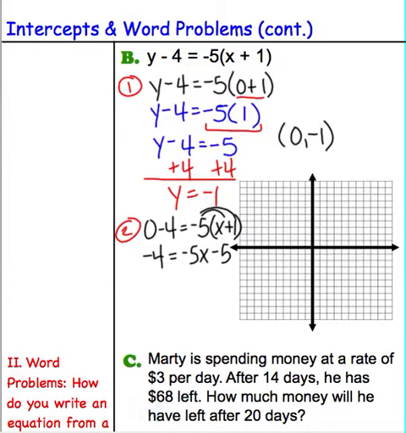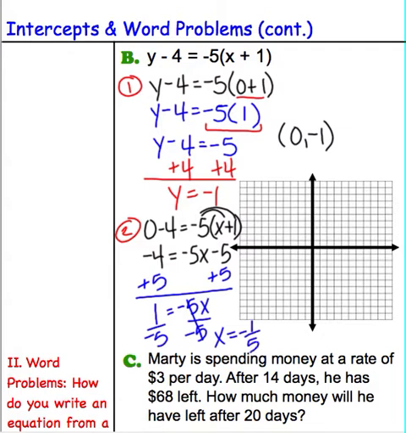So I'll go ahead and add 5 to both sides to give me +1 equals -5x. Divide by -5 on both sides, which gives me x is equal to -1/5. And so then my ordered pair is -1/5, 0.